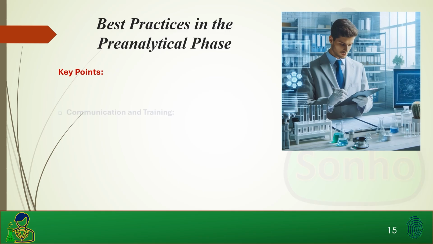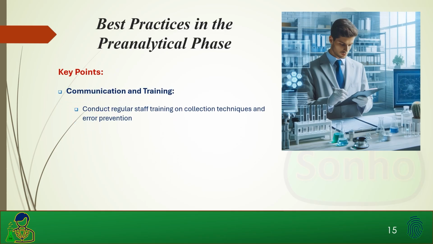And then, of course, communication and training. Conduct regular staff training on collection techniques and error prevention. Maintain clear communication between collection sites and the laboratory. It's important to have continuing education, and sometimes continuing education can just be retraining, revisiting issues, revisiting collection techniques, the containers that are used, all that good stuff.